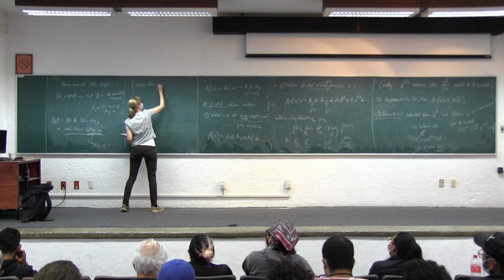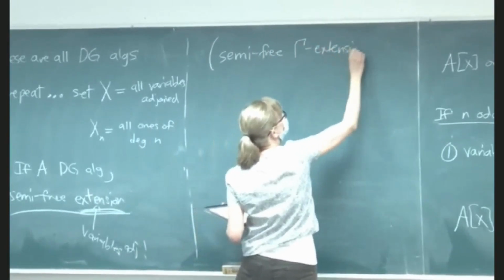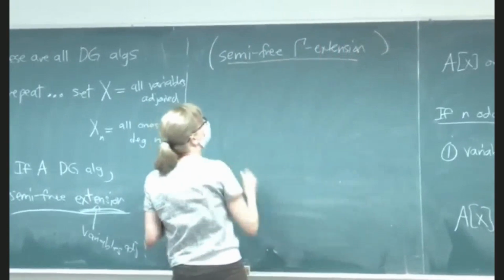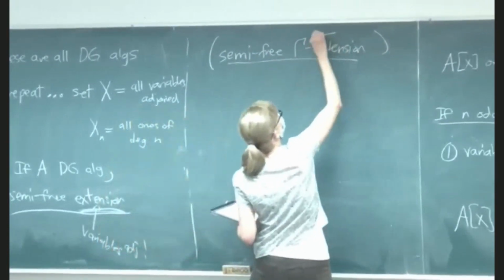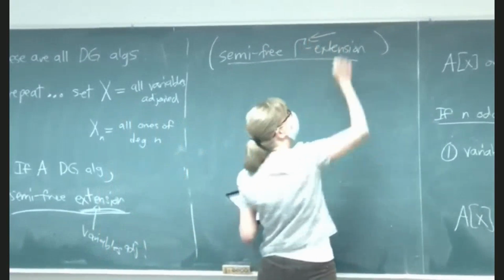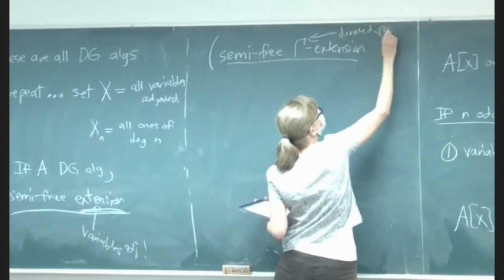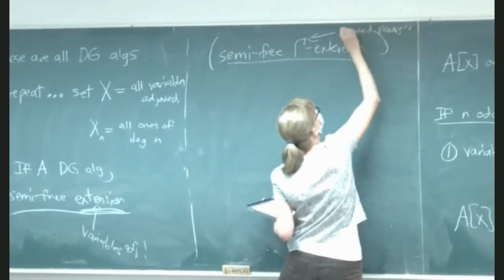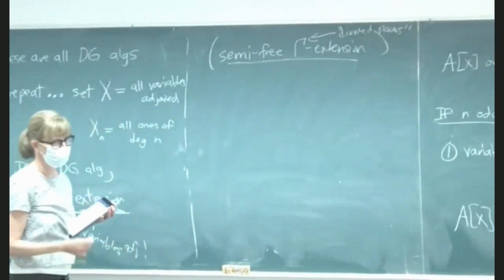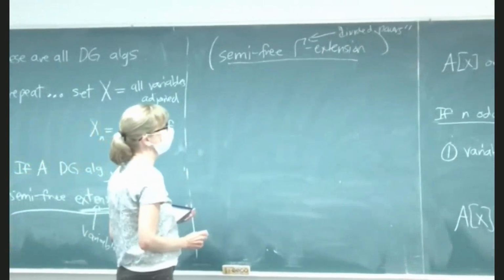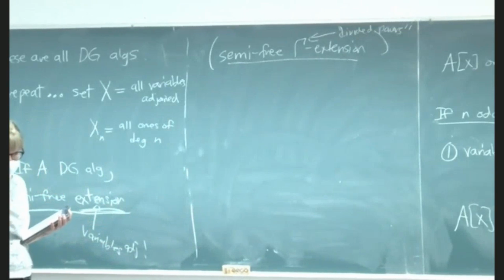So a semi-free extension, or in parentheses, I have to define it, a semi-free gamma extension. The letter gamma is going to now forever denote divided powers. It somehow became the code symbol for divided powers. I don't know why. I wonder if it's because of the gamma function.